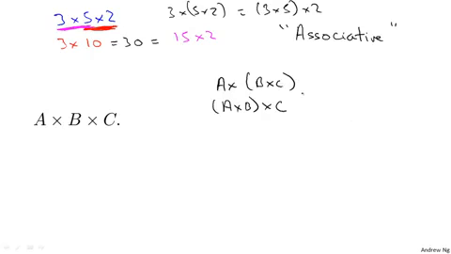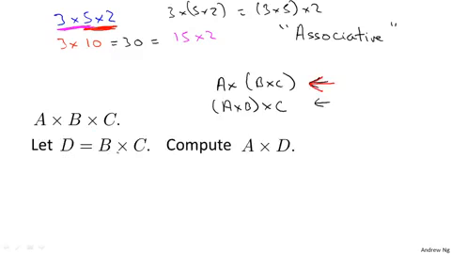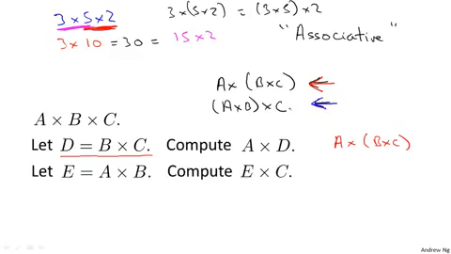Just to be clear what I mean by these two cases, let's look at the first one. If you actually want to compute A times B times C, what you can do is first compute B times C, so that D equals B times C, then compute A times D. And so this is really computing A times B times C. Or, for this second case, you can set E equals A times B, then compute E times C, and this is then the same as A times B times C. Both of these options are guaranteed to give you the same answer.